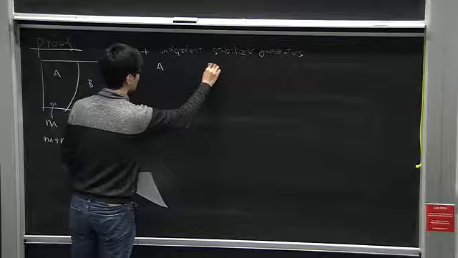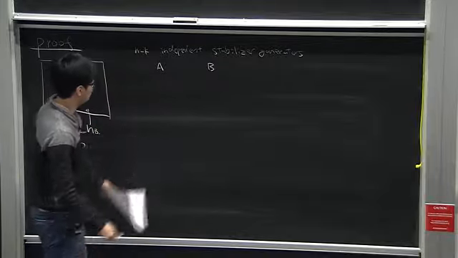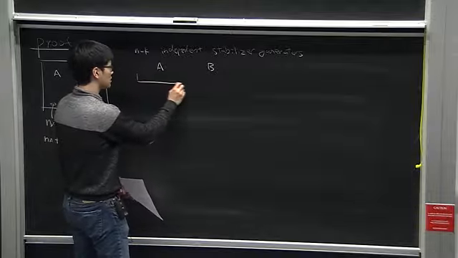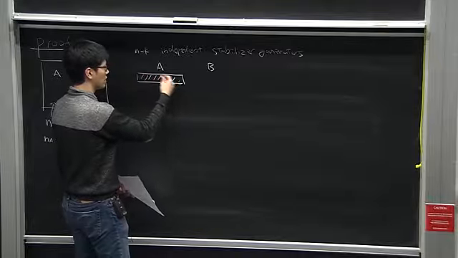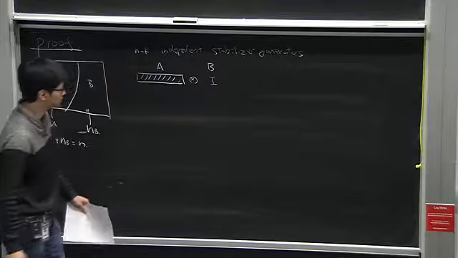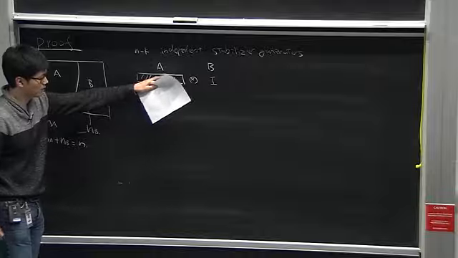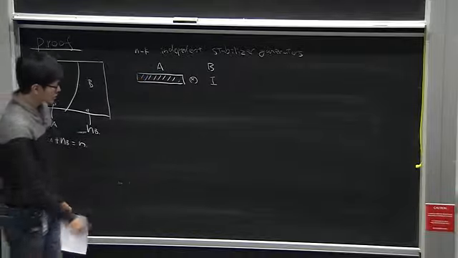So this is the A region and B region, and some of the stabilizer operators have some non-trivial support on A, but act as identity on B. This box just means some Pauli operators which are not identity.